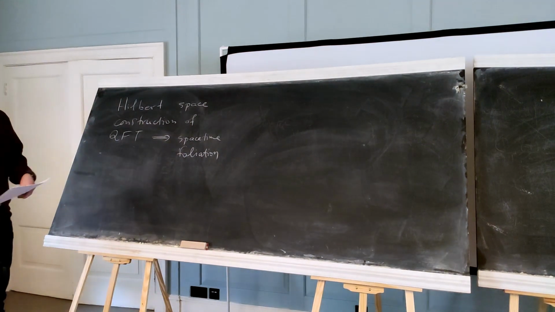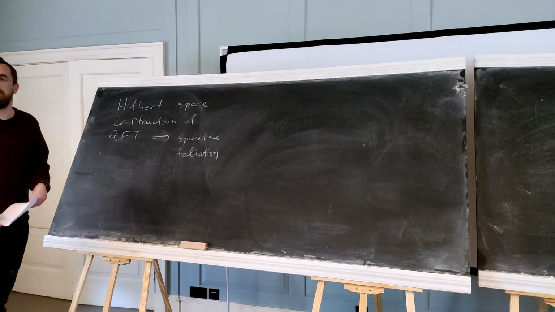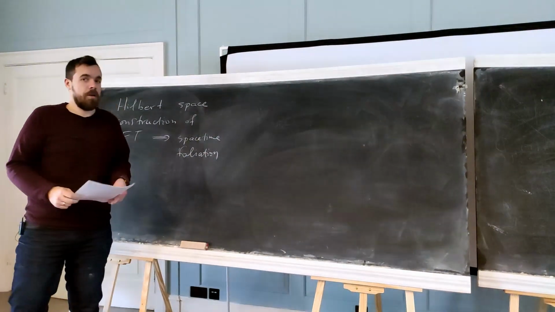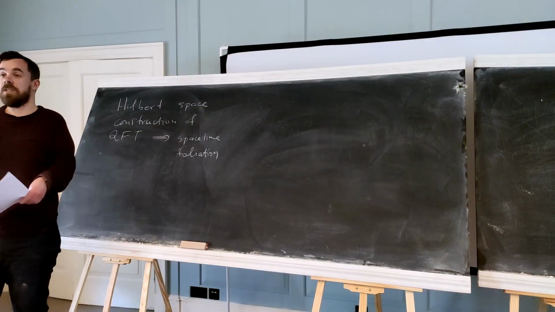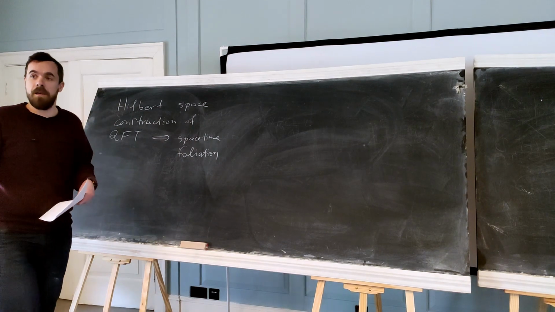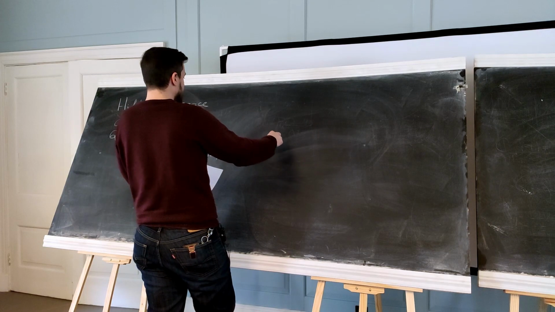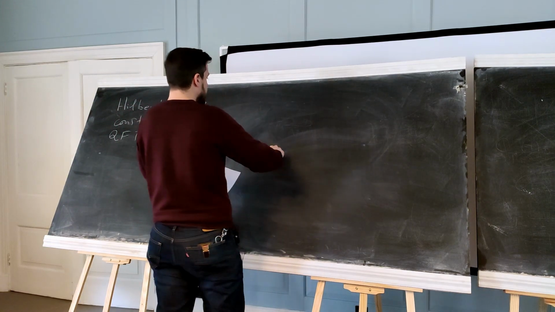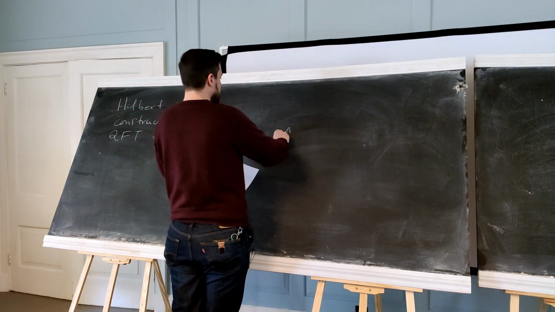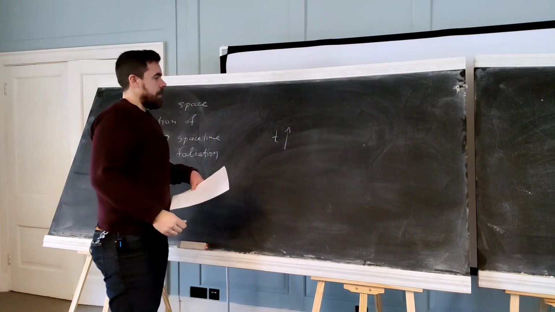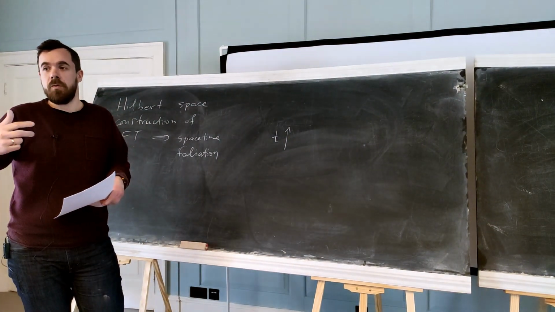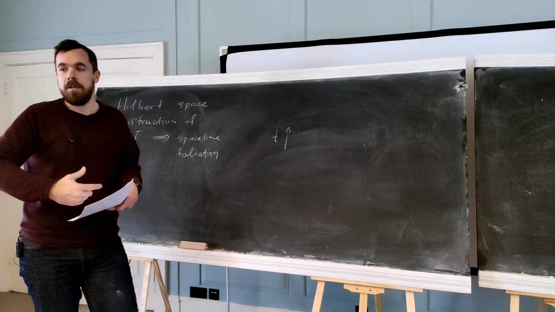And there are all sorts of ways to do this. But the convenient way is to do it in a way that's consistent with symmetries of the theory. And that in QFT is usually done by thinking about time evolution. And you use the Hamiltonian to generate that time evolution, right?